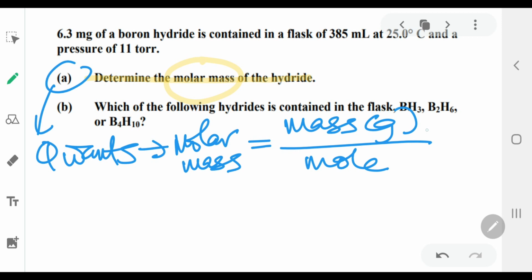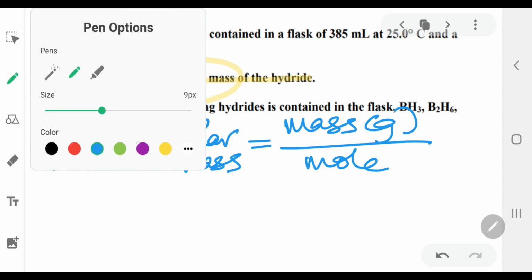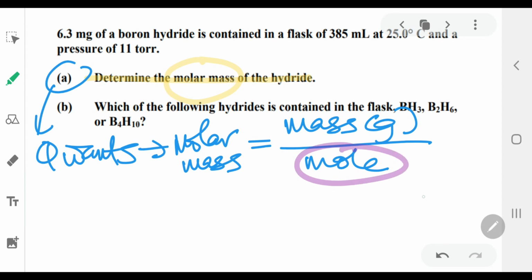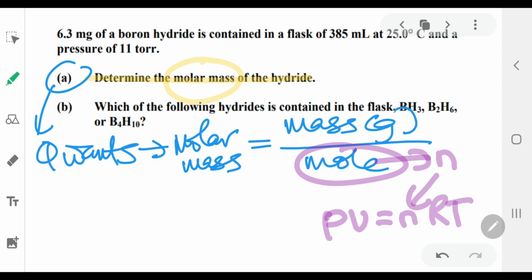Remember, the unit for molar mass is gram per mole. That's why you have mass over mole over here. As you can see, we have mole. Mole is n. And to find n, we can use PV equals nRT. When you want to use PV equals nRT, you need to have pressure, volume, and T, because we need to find mole, right?